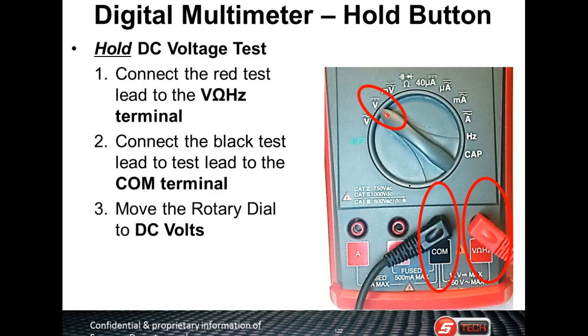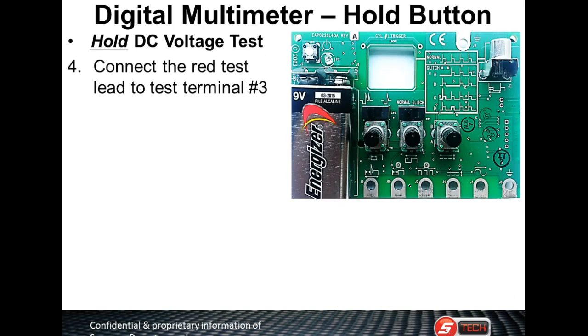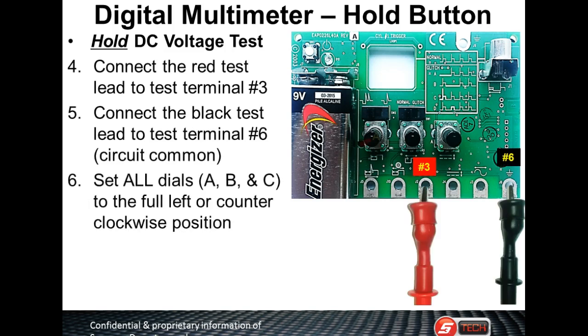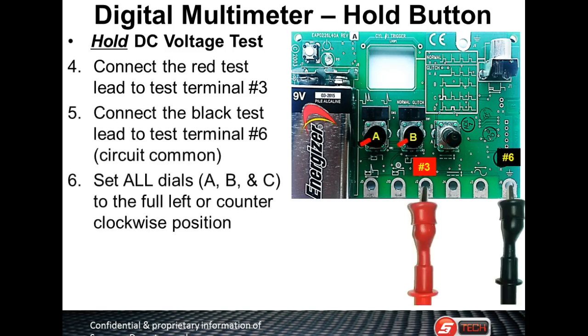Didn't we just use the hold? Oh, I think here we're going to use them with all of them, though. What we're going to do instead of going to terminal 4, we're going to go to terminal 3. I think we're going to try it on frequency. I think we're going to try it on several different measurements.